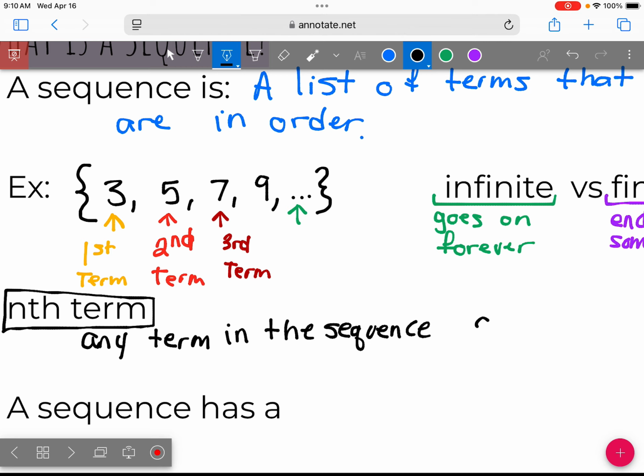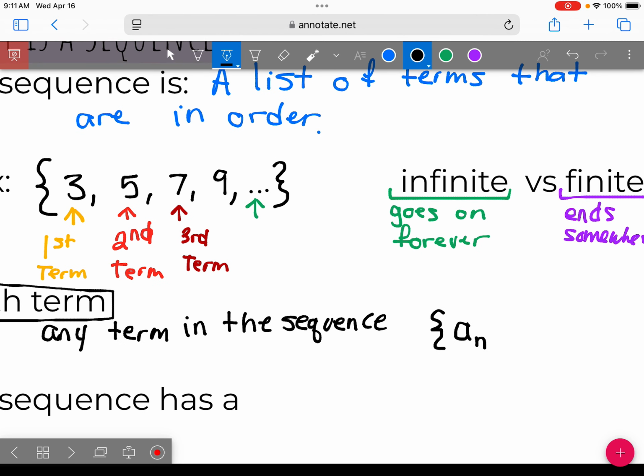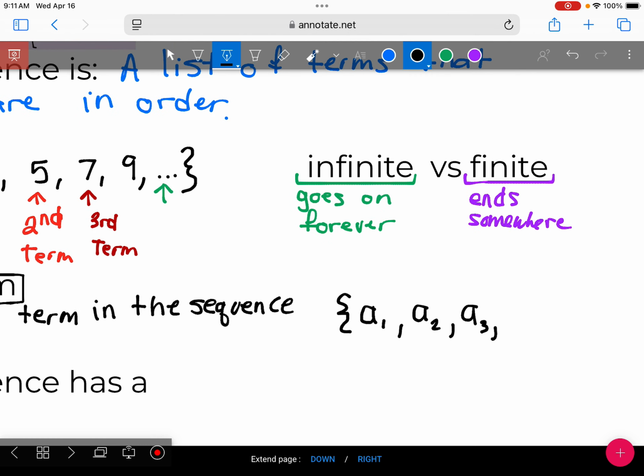So a lot of times we're going to write our sequences as a sub n. A sub 1 would be our first term, a sub 2 would be our second term, a sub 3 would be our third term. If we have a finite sequence, even if it's really long, it's going to end at a sub n.